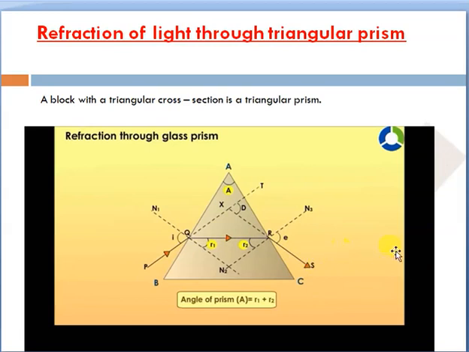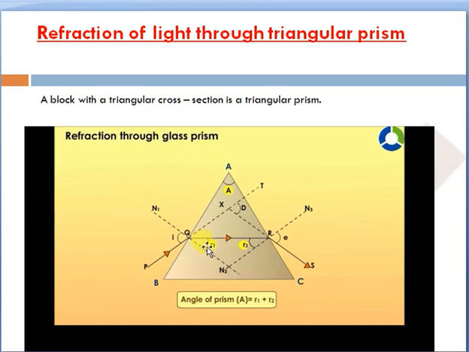Now looking at this diagram, you find out that we have two angles of refraction. Remember, the angle of incidence is the angle which the incident ray makes with the normal. And here our incident ray is PQ. Look at the normal. So this is my angle of incidence, I. Then we equally have our angle of refraction.